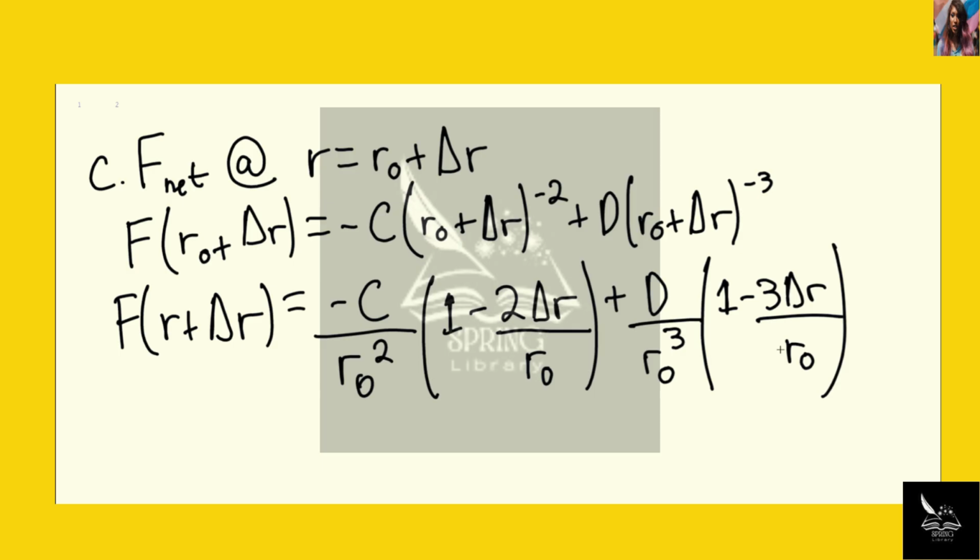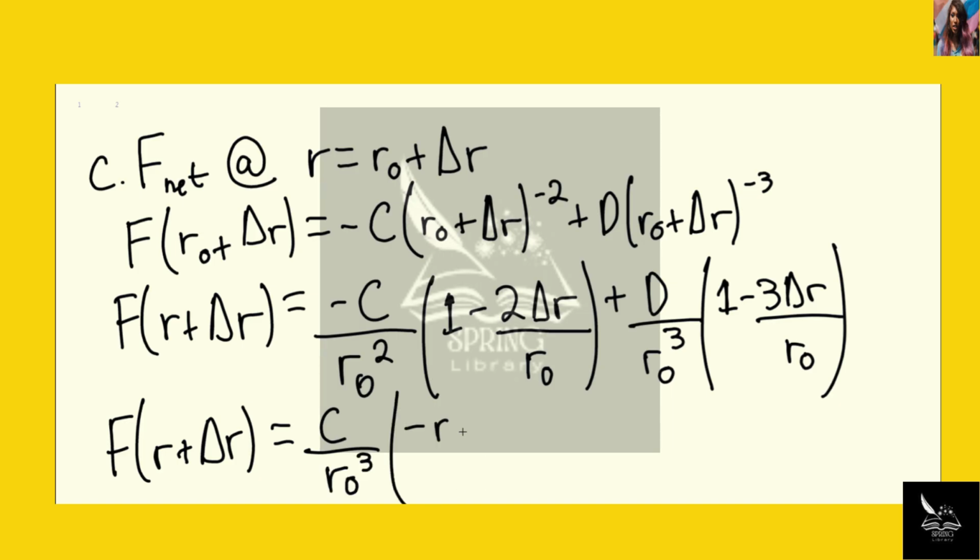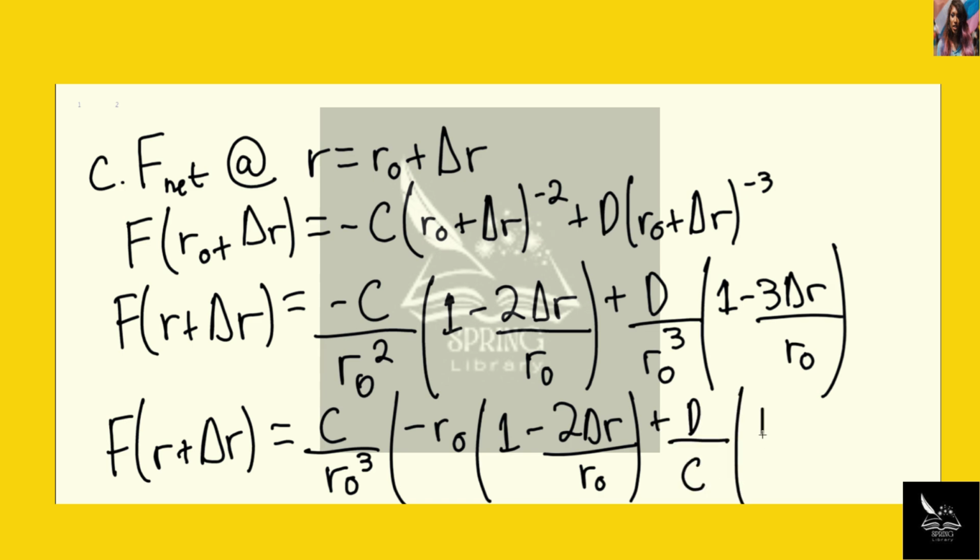And so at this point, we can further simplify and say that this is going to be equal to c over r0 cubed times [negative r0 times (1 minus 2 delta r over r0) plus d over c times (1 minus 3 delta r over r0)].